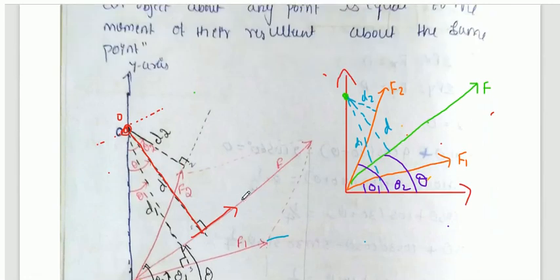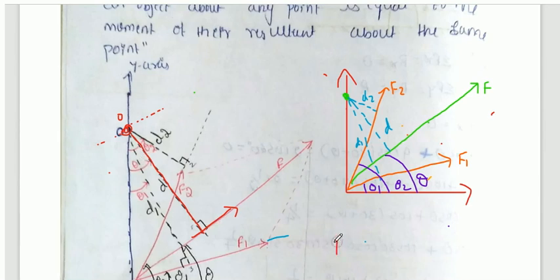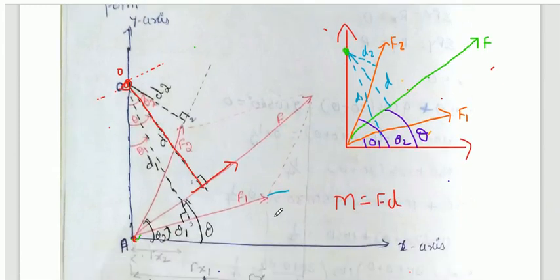The force is here and the perpendicular distance is D. Force into perpendicular distance, so the moment about O because of F is equal to F into D. And again, the moment due to F1. What is the moment due to F1 about O here? Are you not getting it?